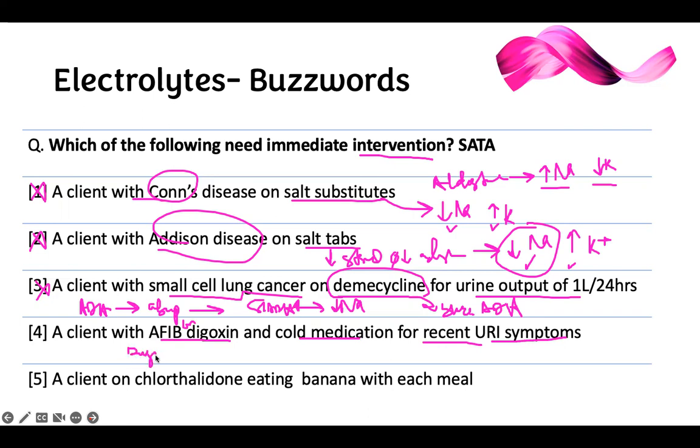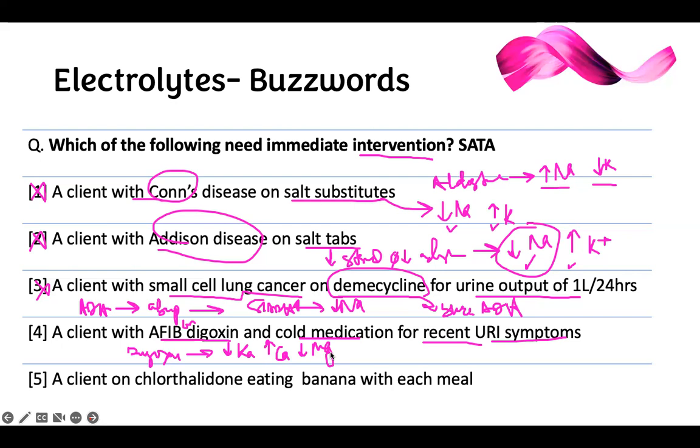Digoxin, things you need to avoid: you should avoid low potassium, high calcium, and low magnesium. So once again, with digoxin, avoid low potassium, avoid high calcium, avoid low magnesium, right?